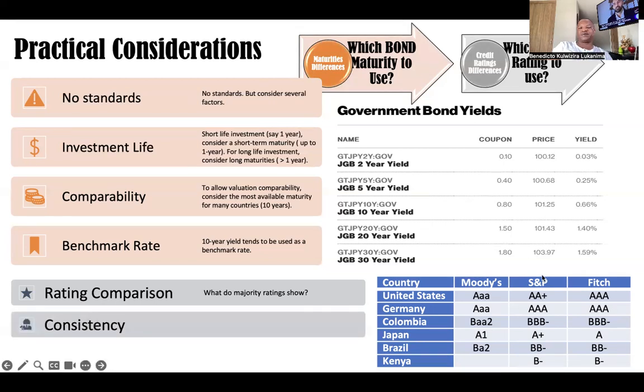It is also possible to consider consistency. What does it mean? How consistent the government has maintained a particular rating. I understand, for example, from research over the past decade, the United States has maintained AAA. Only this time it has been AA+ by S&P.